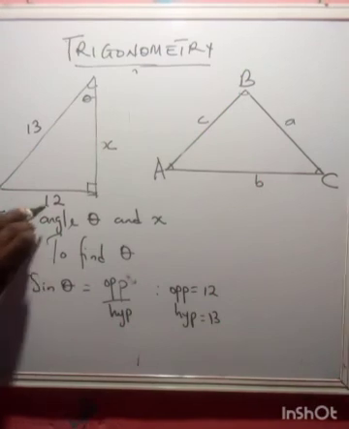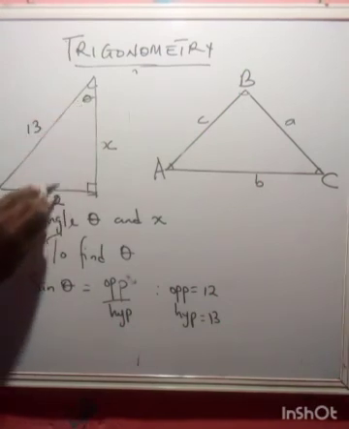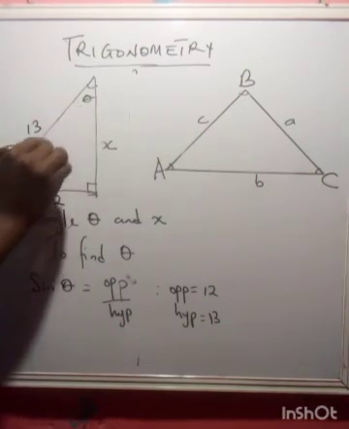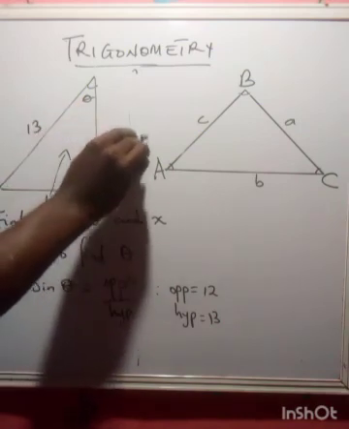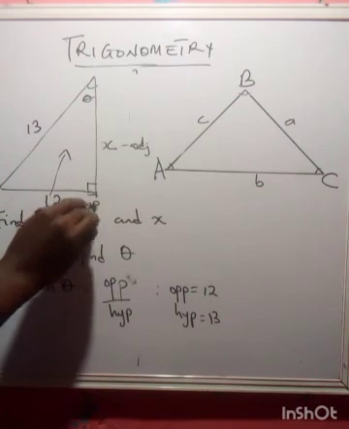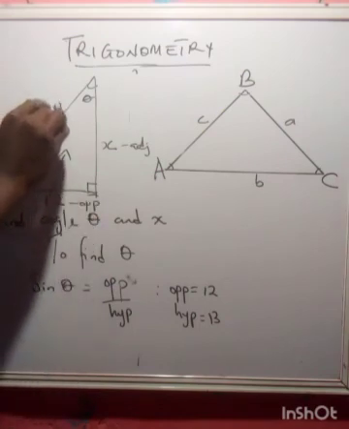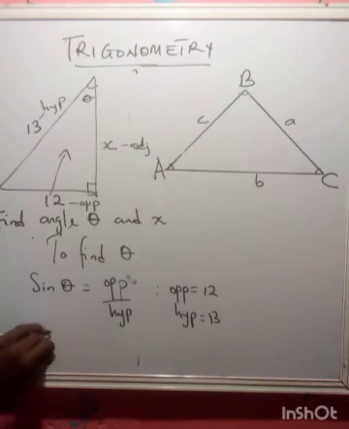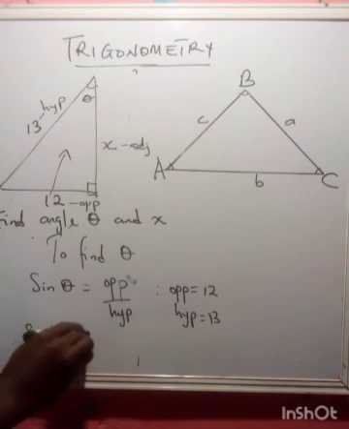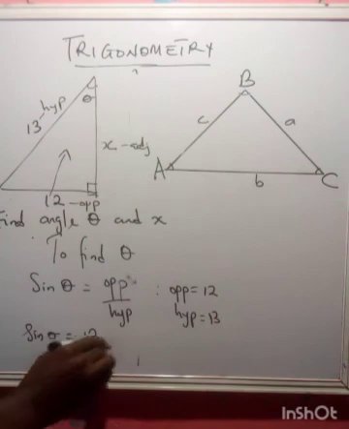Why? This is the side facing the angle. This is the opposite. This is the adjacent. And this is the hypotenuse. So sine theta is equal to 12 over 13.